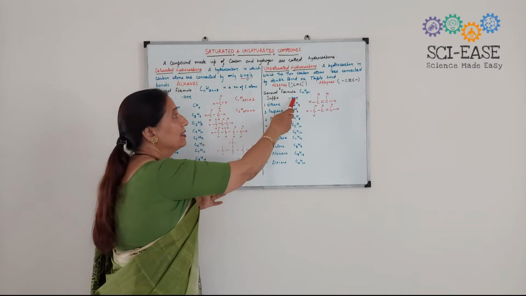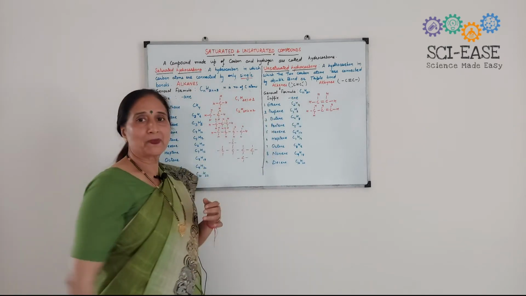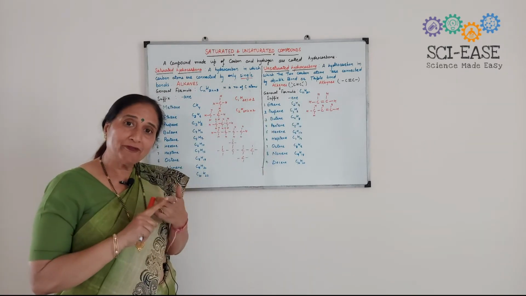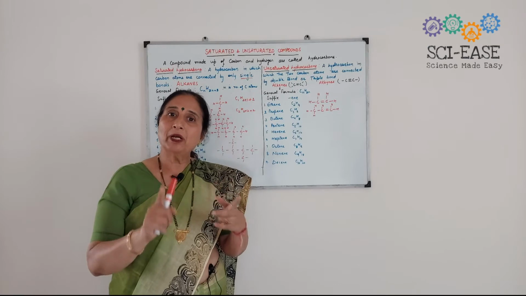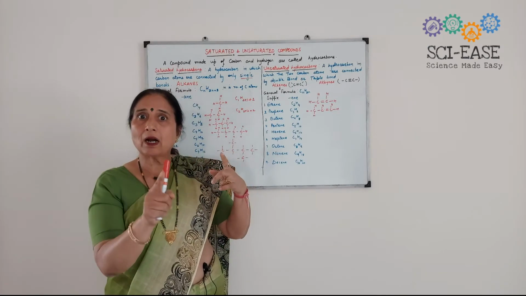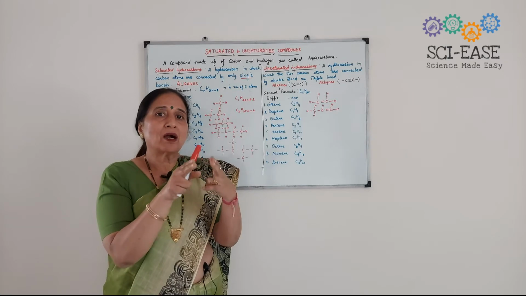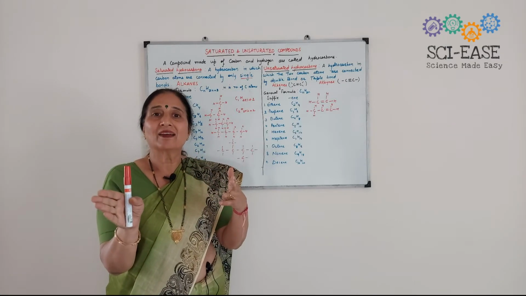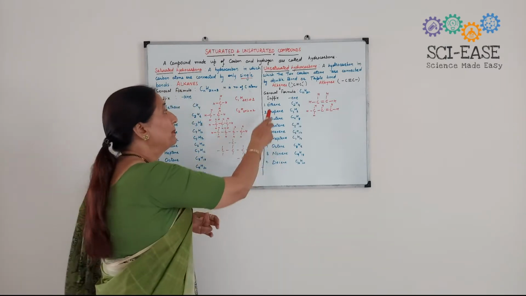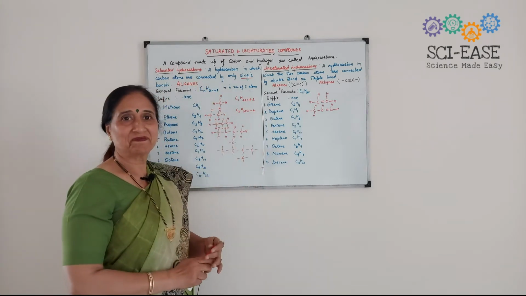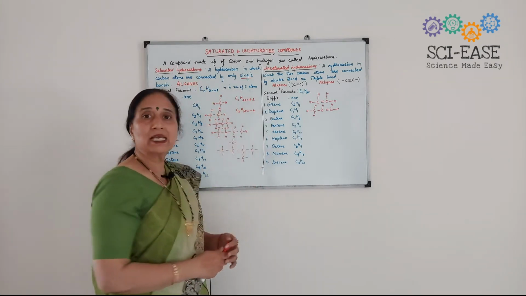Here it is E-N-E. Now, I have told you that a double bond is there between 2 carbons. So, the first member can't be methane. The first member will be ethene, and its common name is ethylene.